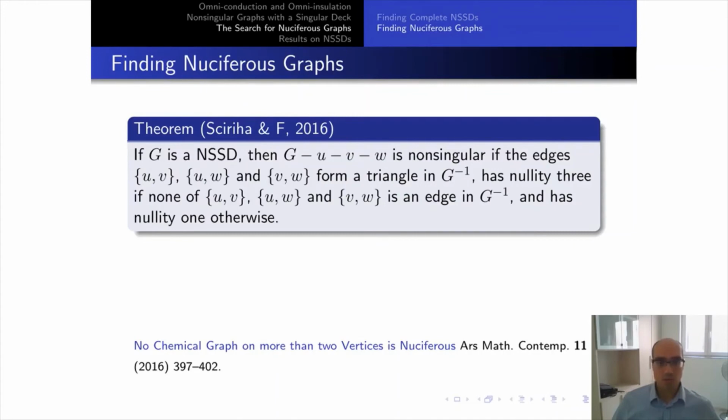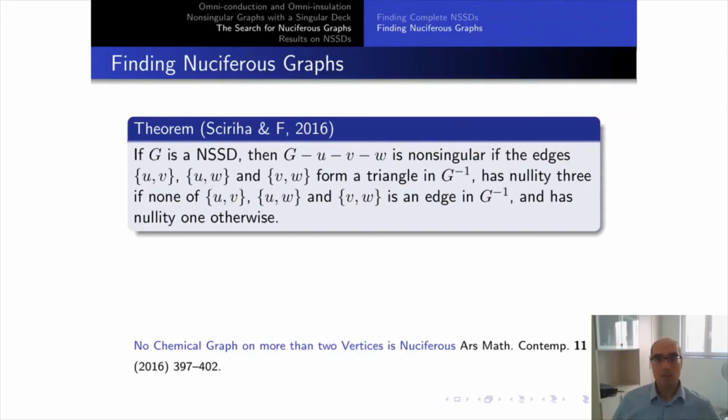So what if we remove 3 vertices of an NSSD? Then the nullity of the resulting graph will be 0 if these 3 edges form a triangle in the inverse. The nullity is 3 if these 3 edges are not present in the inverse, all of them not present.